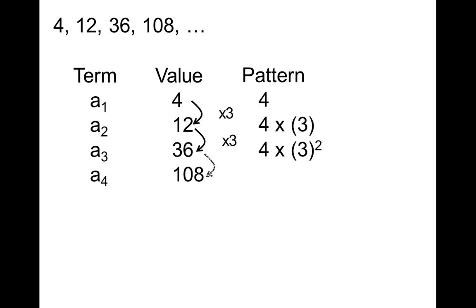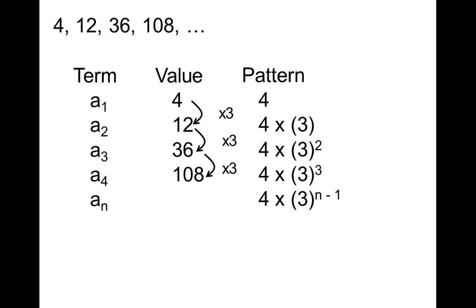To get to the fourth term, we multiply by yet another 3. So how do we get to the fourth term? Well, we start with the 4 and then we multiply by 3 3's. Now if you look carefully, the number of 3's we're multiplying by is always 1 less than the position of that term.